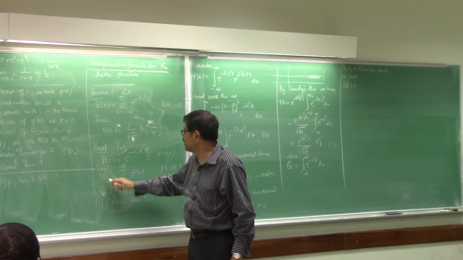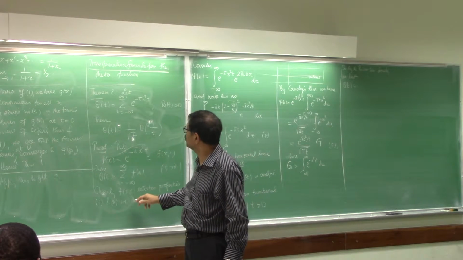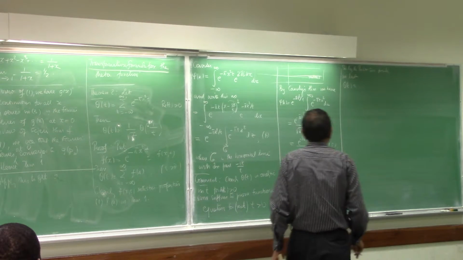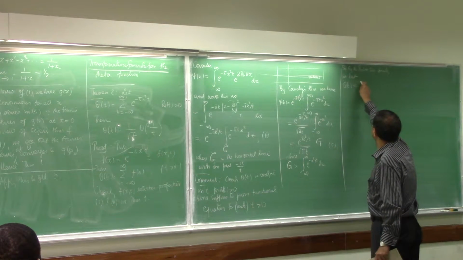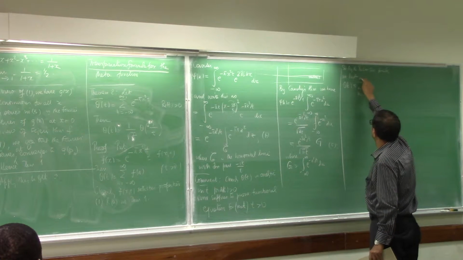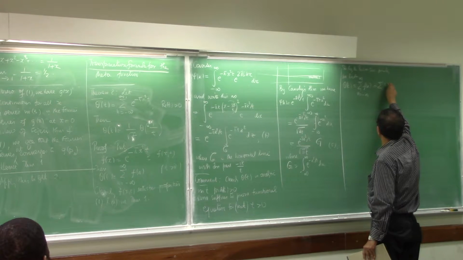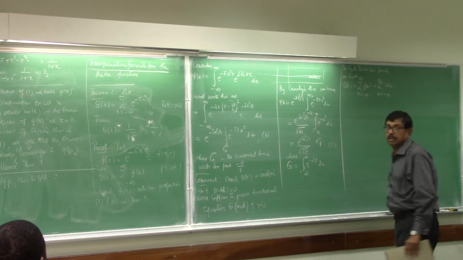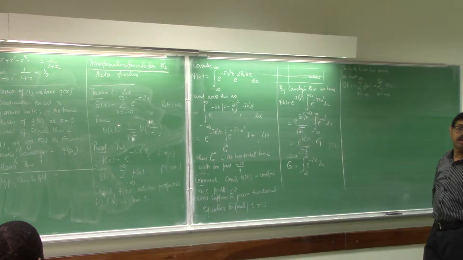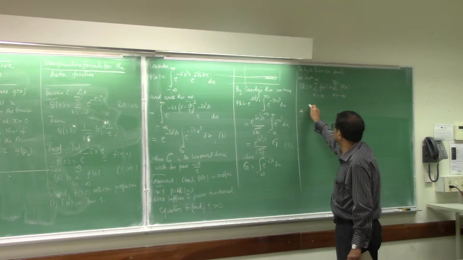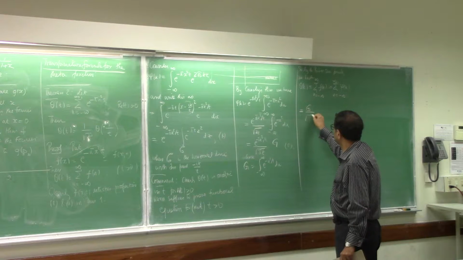Theta of t, which is the sum of the f's, must be the sum of the phi k's from minus infinity to plus infinity. And therefore, that is equal to this constant g divided by square root of pi t.